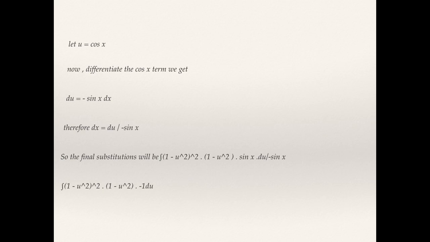Therefore dx is equal to du by minus sine x. So the final substitution will be the integration of 1 minus u squared whole squared times 1 minus u squared, because cos x is u.